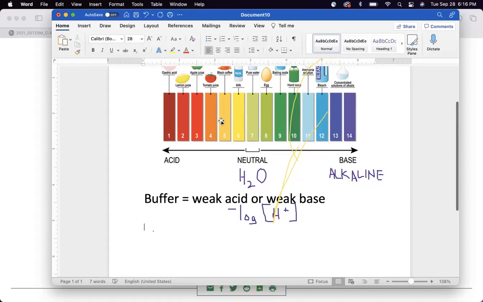If it's in the wrong place, it'll move it. So for example, if I'm a little bit acidic, a buffer such as a weak base will move me a little bit towards the middle. If I'm a little bit basic, my body will have a weak acid, and it's going to move it a little bit towards the middle.